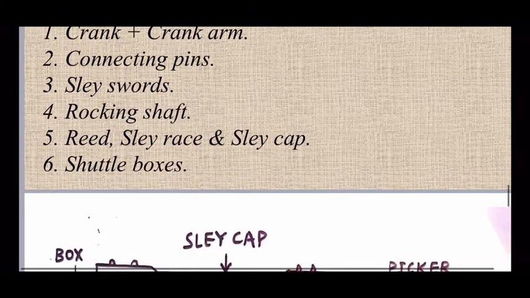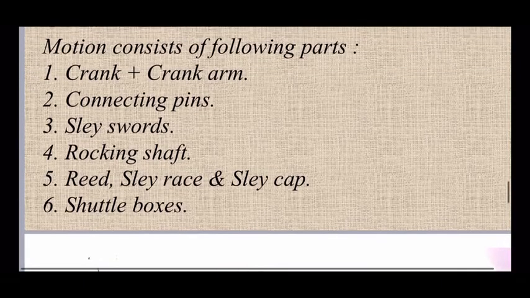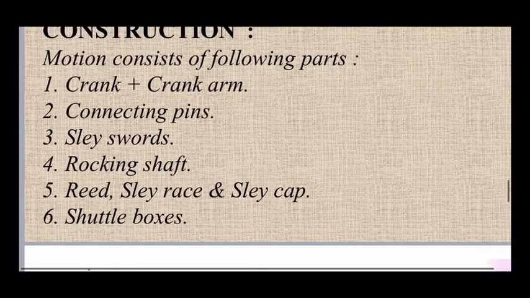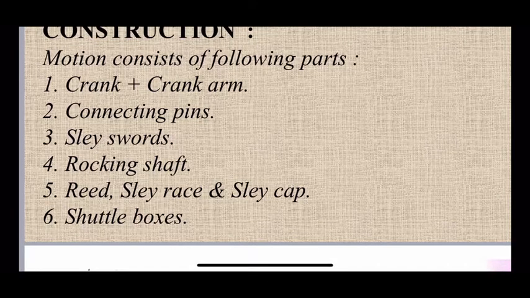Now we will try to understand this mechanism with the help of a diagram. To understand this mechanism in a proper manner, we are taking a front view as well as a side view so that we can understand the working and construction of the beating up mechanism.